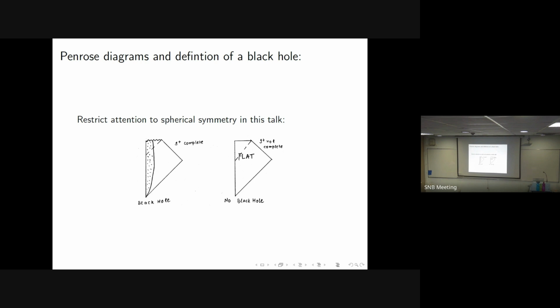What is the difference between this and this? The difference between these two is that if you have an observer here who shoots a light ray, any place over here on Scri Plus, by the time it comes to this point, that light ray exhausts infinite affine parameter. So it hangs around for infinite time. Whereas if you look at a light ray over here and you shoot it, it just abruptly ends because you abruptly cut off the space-time.